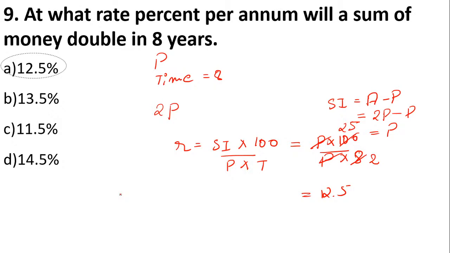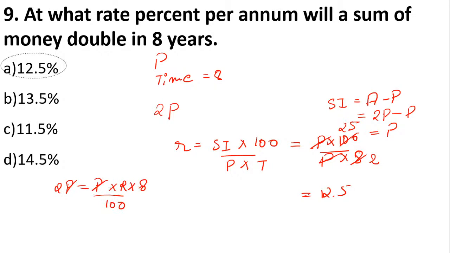So we can also put the question this way, students. We write it this way. We are saying the sum of money doubles. So 2P. Since we just imagine we invested P and it is becoming 2P. Then principal into rate into time, which is 8 years, upon 100.